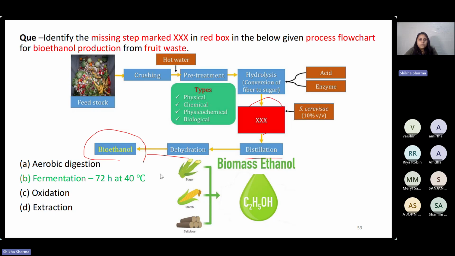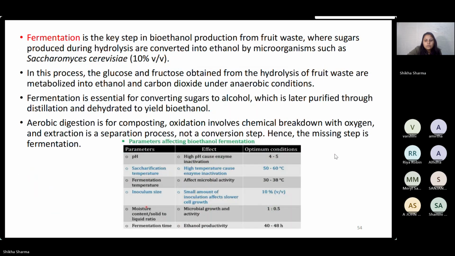So basically bioethanol can be produced from sugars, starches, and cellulose, through different pre-treatments, then hydrolysis and fermentation, then distillation and dehydration. Fermentation is the key step in bioethanol production, where sugars are converted into ethanol by microorganisms like Saccharomyces cerevisiae, 10% volume by volume.